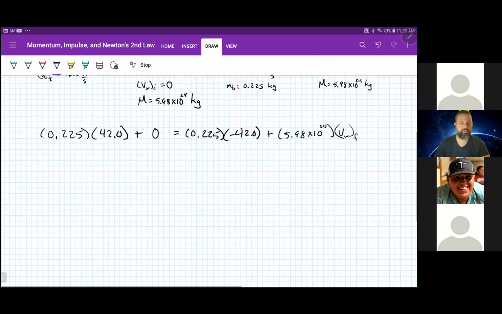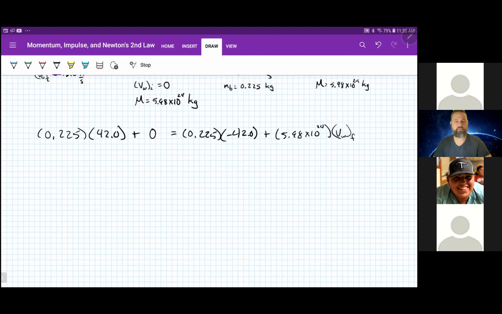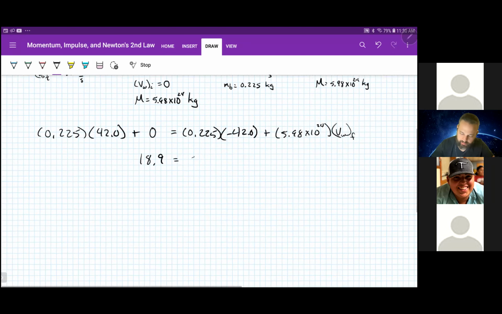Right, so we got a lot of time, so I'm going to go ahead and do this. I think I already have it. This is going to be 18.9 on the left-hand side. This is going to be 5.98 times 10 to the 24th V wall final.